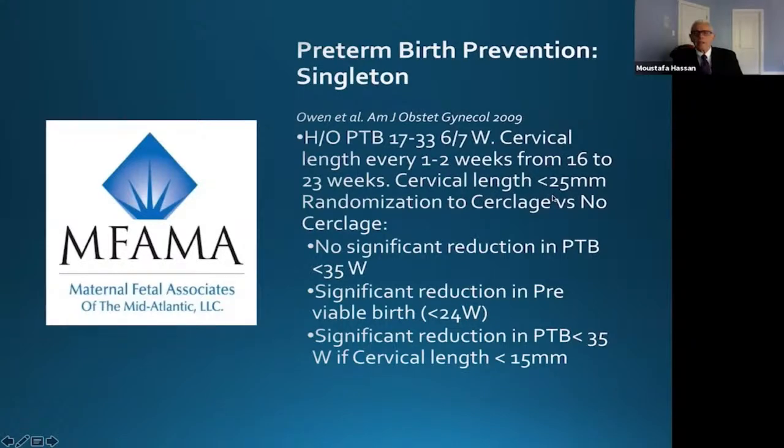Cervical length less than 25 millimeters, they were randomized to cerclage versus no cerclage. No significant reduction in preterm births less than 35 weeks. Significant reduction in previable births. Significant reduction in preterm births less than 35 weeks if you use a cervical length of less than 15 millimeters.